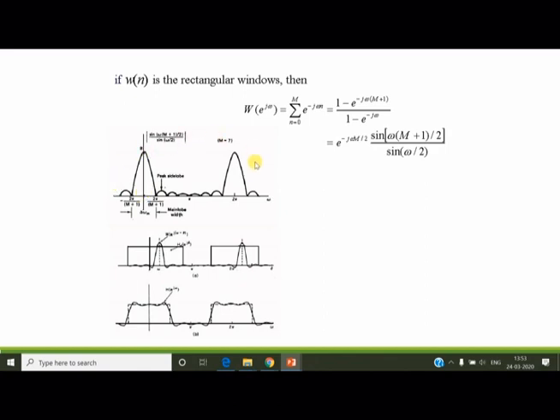So this is the discrete time Fourier transform of the window function, which is then convolved with the frequency response of an ideal filter. Here the square block indicates the ideal filter frequency response.